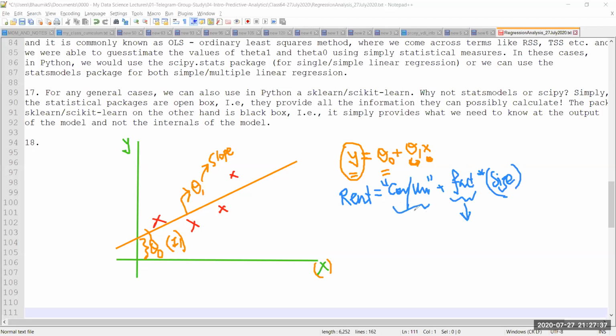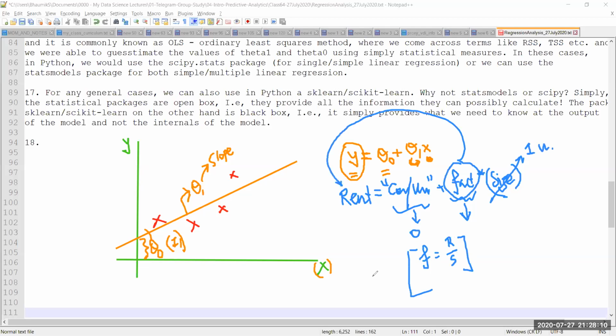If you consider this part to be 0 just for 1 minute, then this factor f becomes rent by size. What is the essence of this? For every 1 unit change in the size of a house, there will be this factor times increase in the rent.